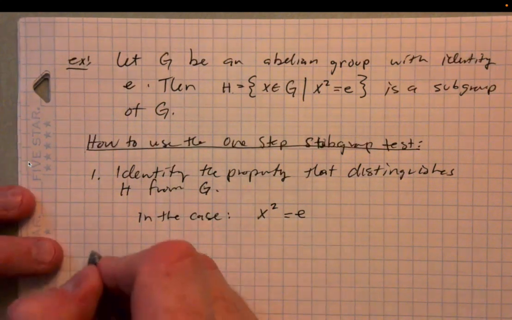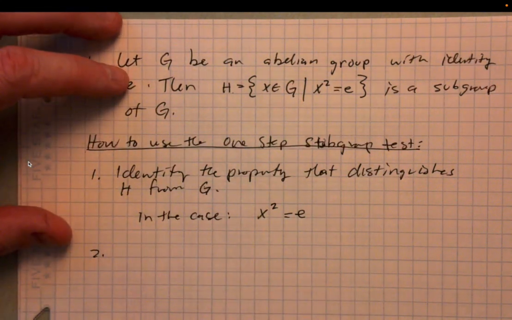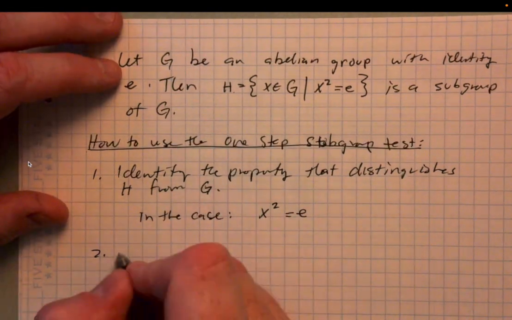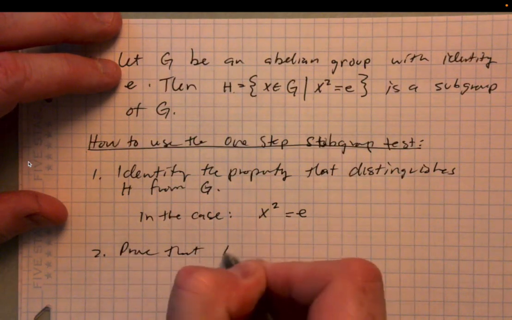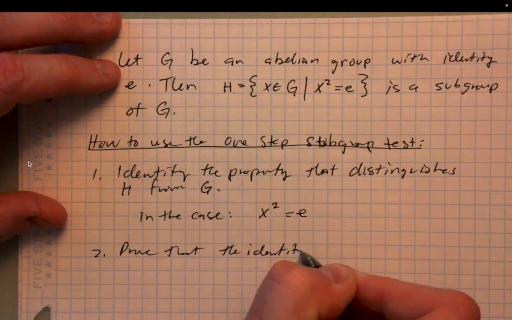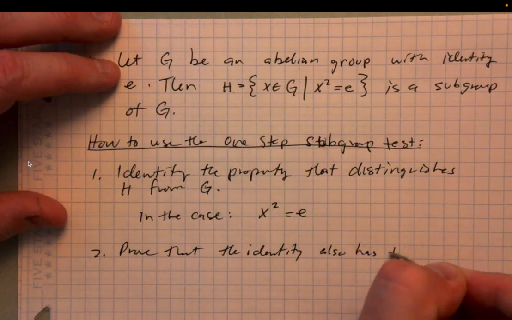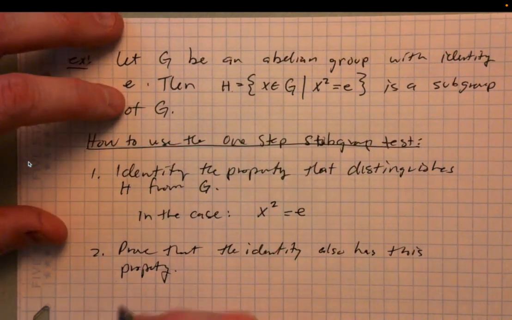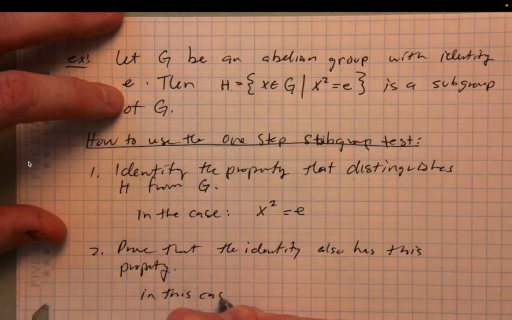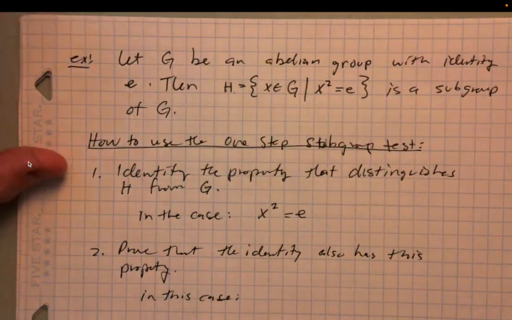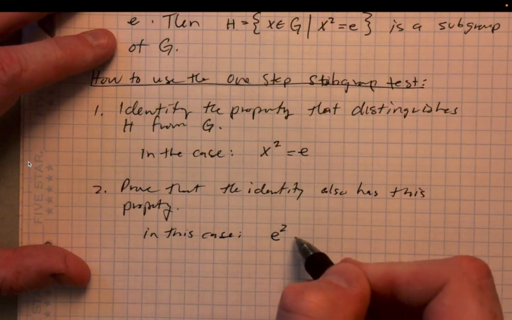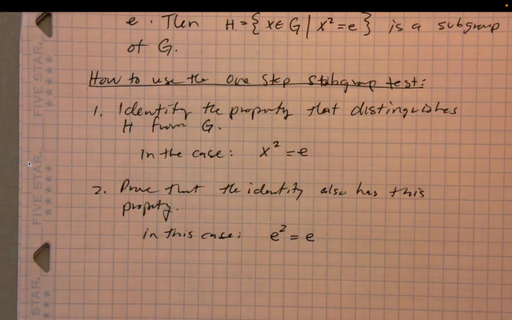And then what you want to do with that property is you want to use it to prove that the identity also has this property. Okay, so in this case, this is very straightforward. You simply say, hey, look, E, when I square it, is equal to E, right? So the identity times itself is E, right?